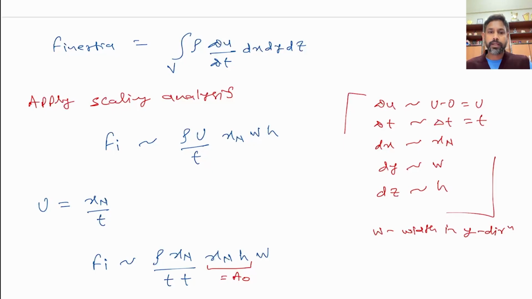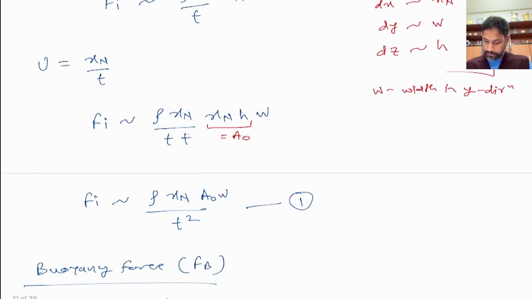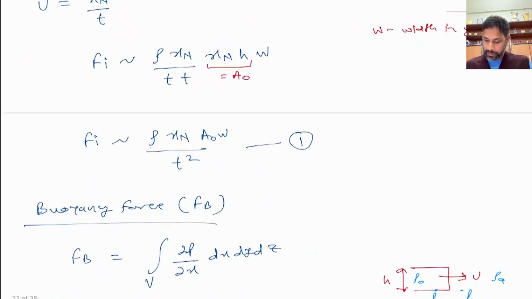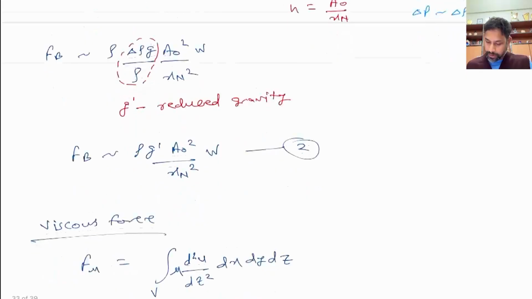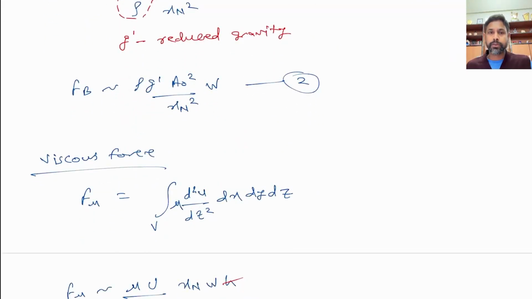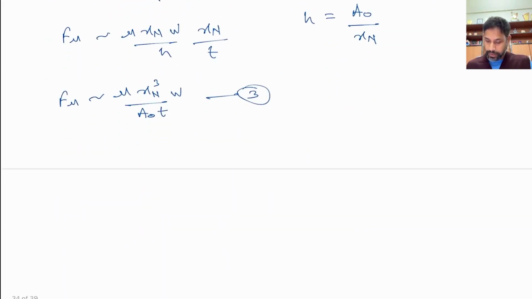So here Fi is the inertia force, and when we do this integral we get equation number 1, which we are going to copy now. Then we have buoyancy force, that is equation number 2, and also viscous force, that is equation number 3.